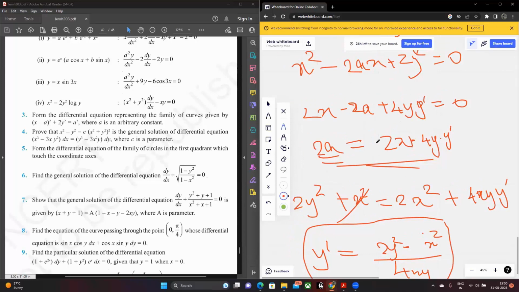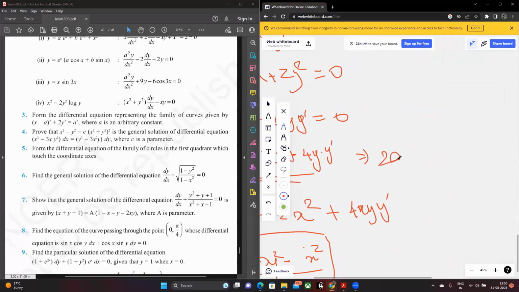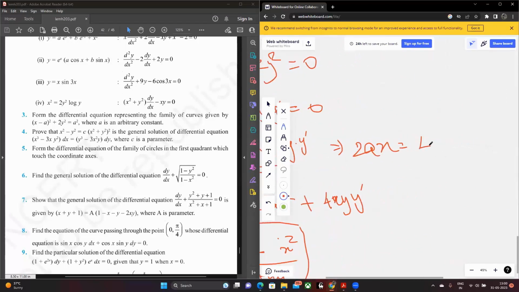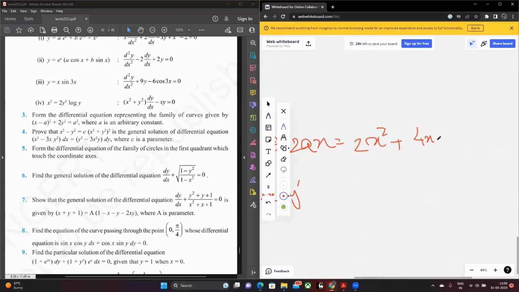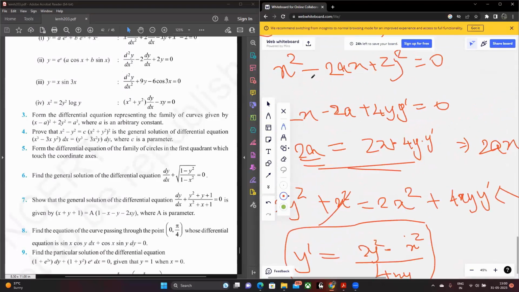So 2ax is basically this times x, that is 4x, wait, again with the 4. I'm stuck on 4. It's 2x squared plus 4xy y dash, right? Substituting that over here, I'm basically bringing this 2x to the side and rewriting it over here.